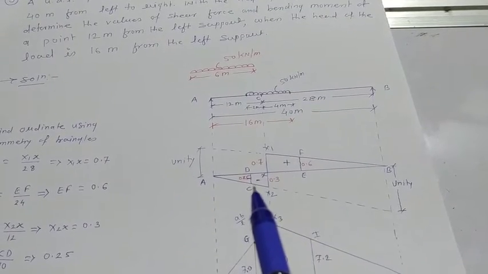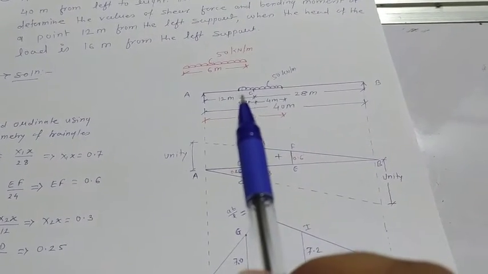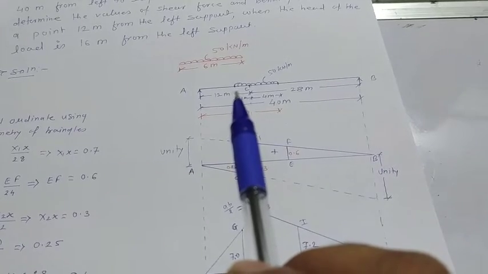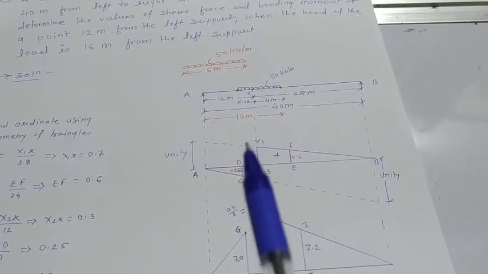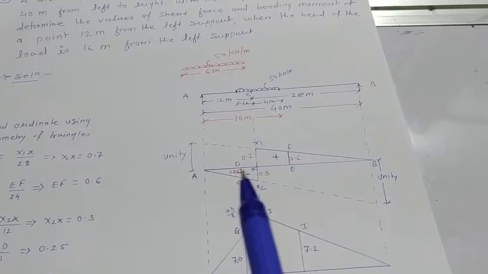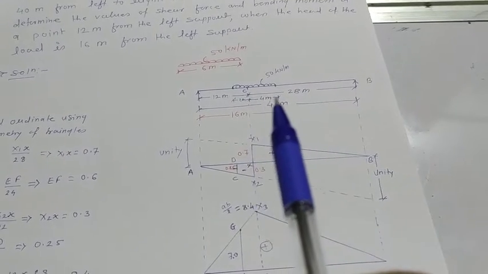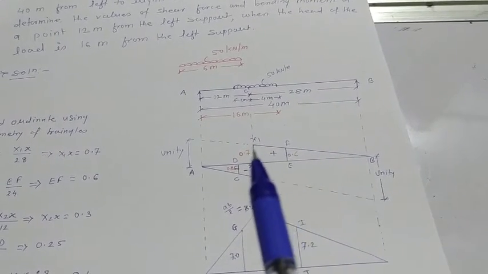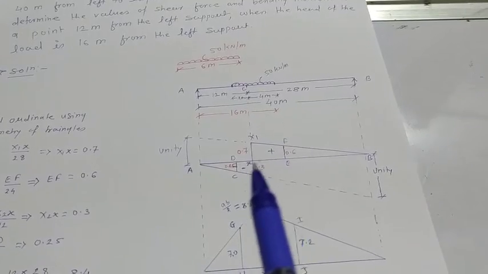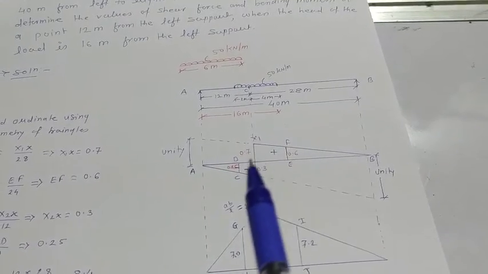This is the positive area, this is the negative area. Why? Because the UDL is acting from this point to this point. Up to 2 meter the UDL covered negative area, up to 4 meter the UDL covered positive area. So we have to calculate the shear force on both areas.